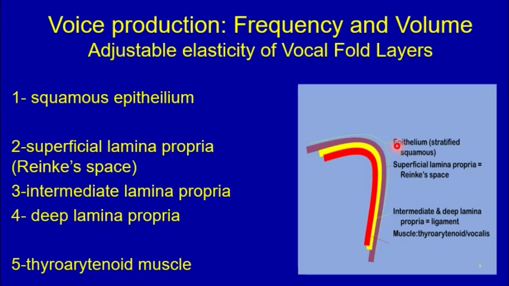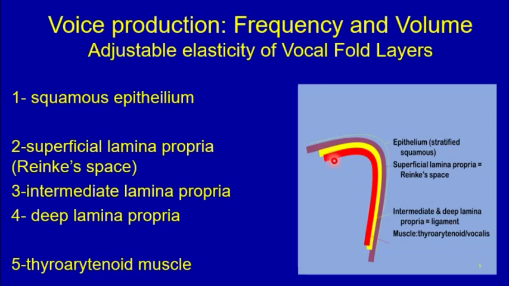From very superficial, the first layer is the epithelial, the squamous epithelium cover of the vocal folds, followed by a layer of very loose connective tissue, then an intermediate layer of the lamina propria, the ligament, which has some elasticity, and then a deeper layer of the lamina propria, which has elasticity but also has stiffness from collagen fibers.